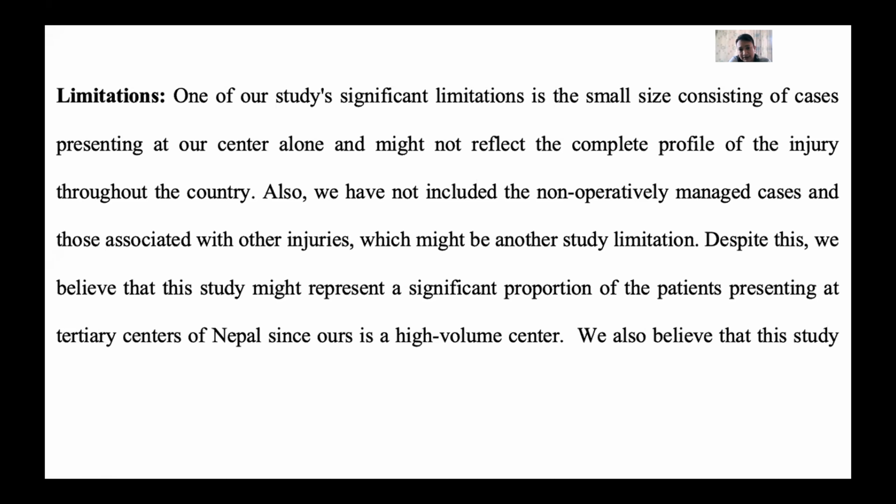If you look at the second last sentence, there is a contrast between their study and their description. In the first line the author says there is a decrease in sample size, and the second last sentence says this is a high volume center. In a high volume center you expect a large sample size, not a limitation of sample size. So I think this is the time to grow up, and sample size should not be our limitation.